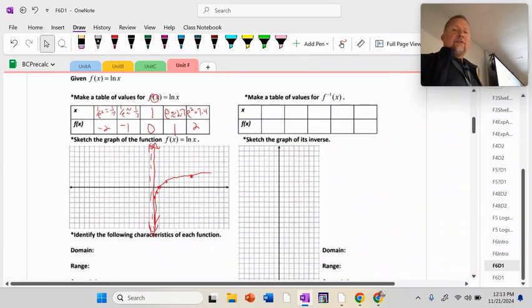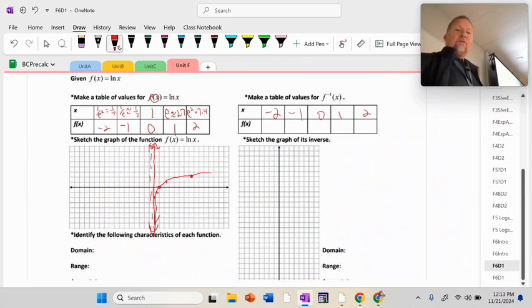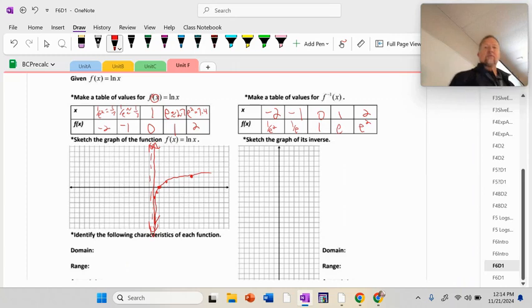One more time, when I say inverse, you say, so -2, -1, 0, 1, 2: 1 over 7-ish, 1 over e squared, 1 over e, 1, e, and e squared, and then those approximate decimals. On the quiz Monday, I want axes there.